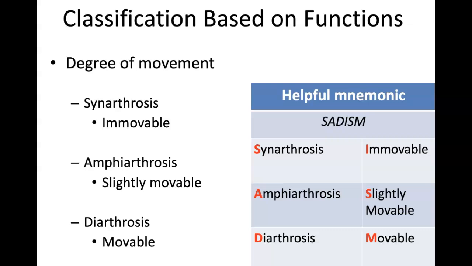And then the last one is the diarthrotic. These are typically our fully movable joints. Yes, they are typically synovial, so they typically have that cavity, but not always. So you do need to know synarthrotic, amphiarthrotic, diarthrotic as immovable, slightly movable, and very movable or fully movable.